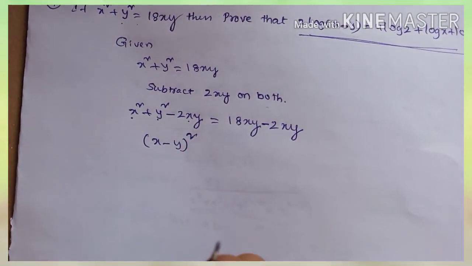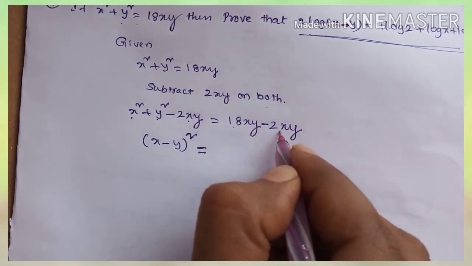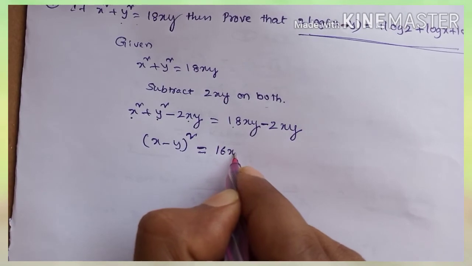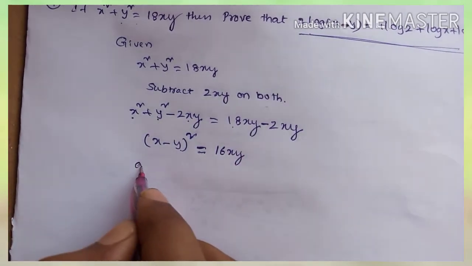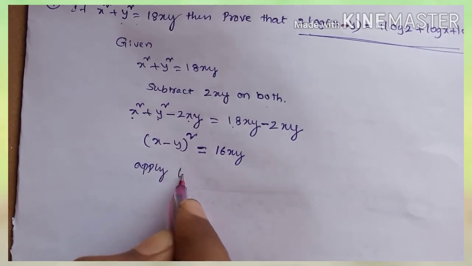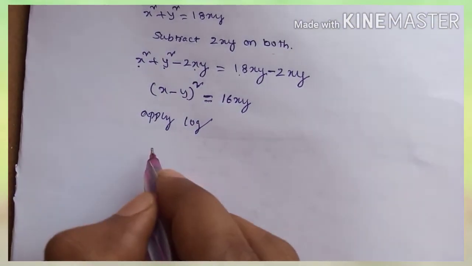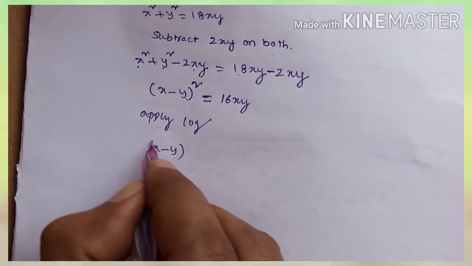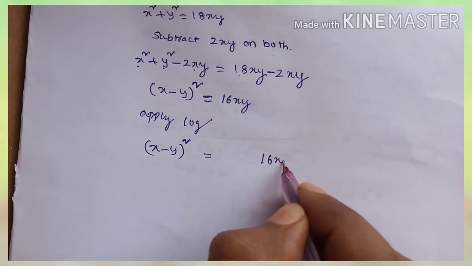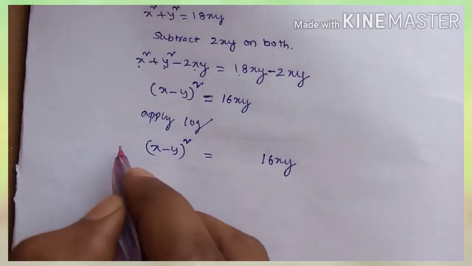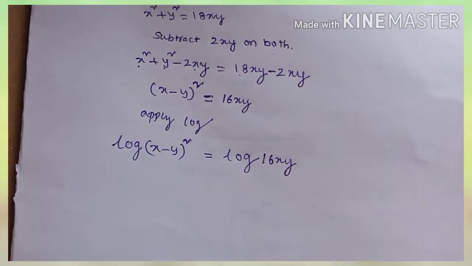So (x minus y) whole square is equal to 18xy minus 2xy, which is equal to 16xy. Now we can apply log on both sides. Now (x minus y) whole square is the LHS and the RHS value is equal to 16xy. We can apply log: here one log term and here also log.